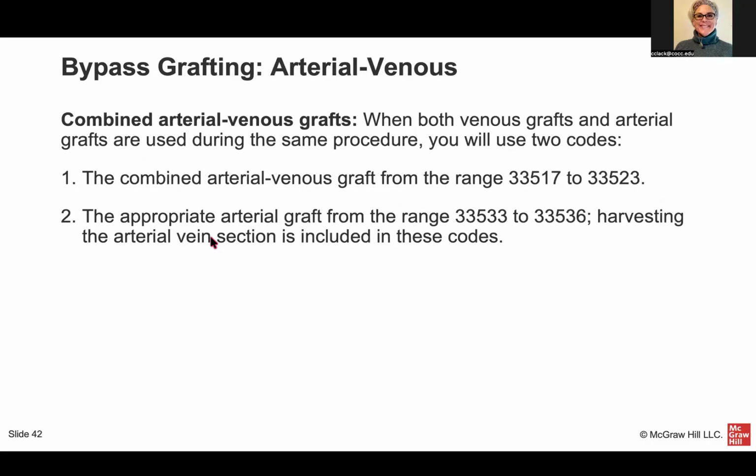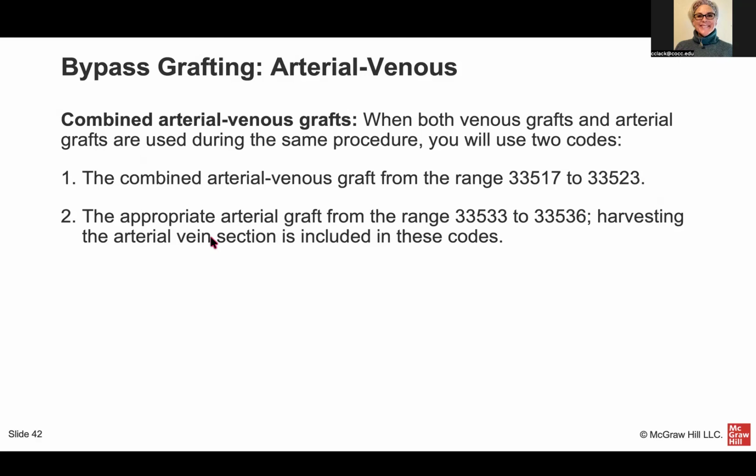When a bypass graft uses both venous and arterial grafts, a combined arterial venous bypass, you need two codes. First, a code from 33517 to 33523, which is the combined arterial venous graft code. The number of venous grafts determines which specific code you pick within the range.